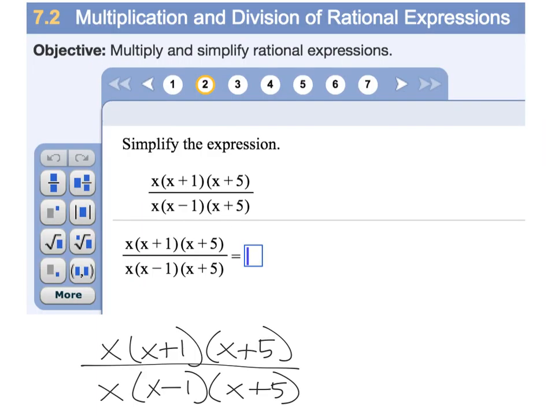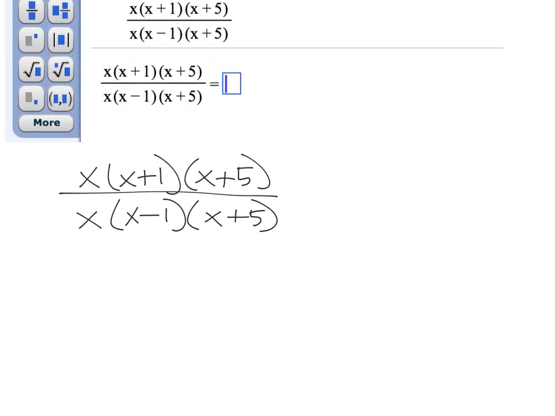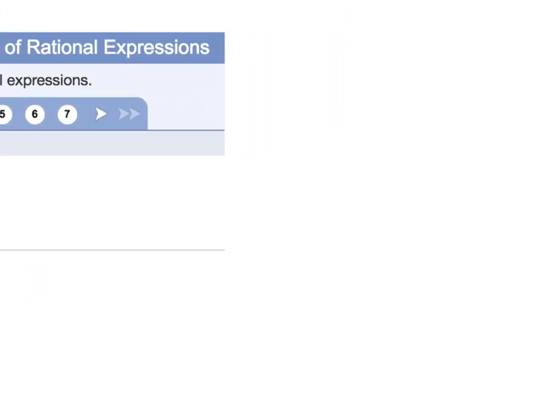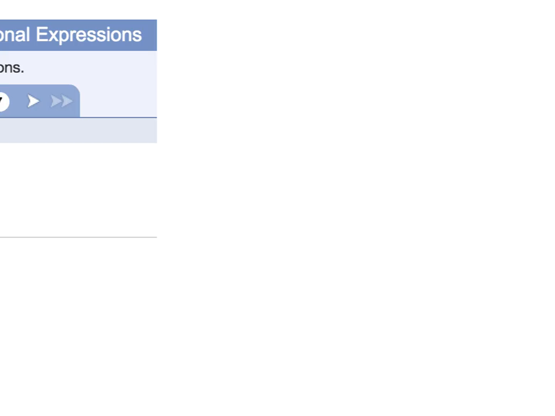All right, so here we're supposed to simplify this fraction. Think of that fraction as a numerator over a denominator, where both have been factored. For example, let's say it's 18 over 24.